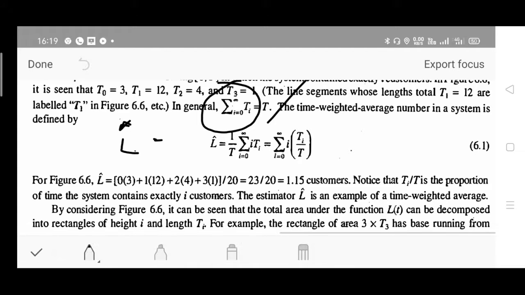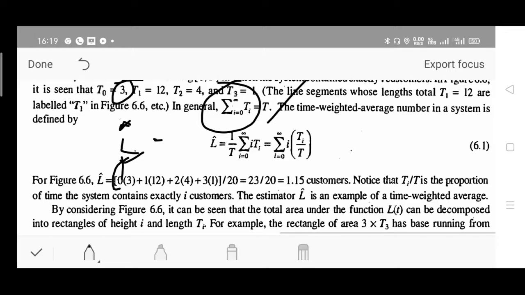So i is the interval. You have to apply the same formula: summation of i into Ti, where i is the interval number. The interval number starts from 0, right? All the simulations start from 0. Please remember, interval 0 into T0. What is the value of T0? It is equal to 3 minutes.